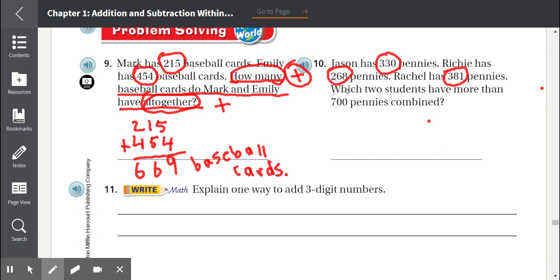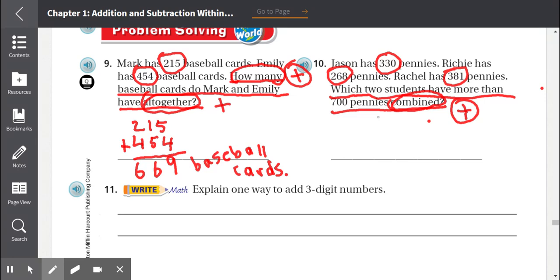Now our question says, which two students have more than 700 pennies combined? The word combine means to add. So let's add the two students, and we have to find the ones that had more than 700 pennies combined.